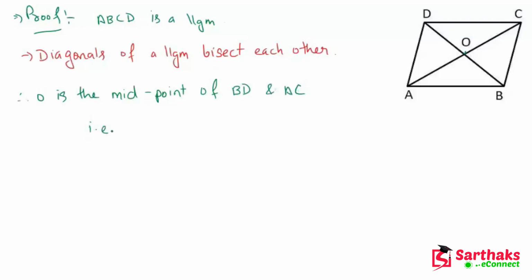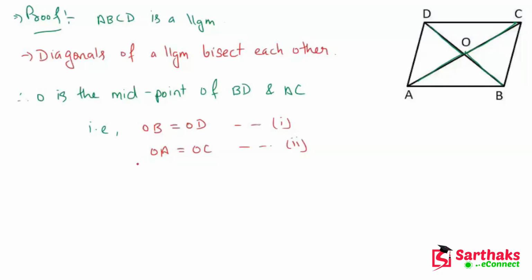That is, we can write OB is equal to OD. Let's suppose this is equation 1. And OA is equal to OC. Let's suppose this is equation number 2.